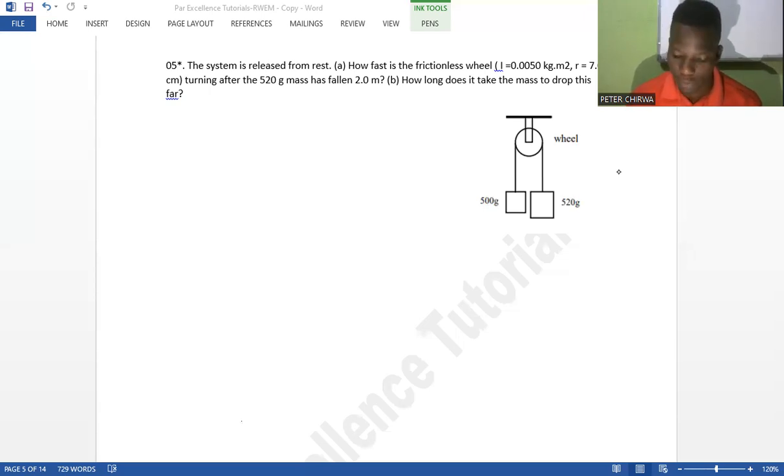All right, so the first thing that you have to keep in mind is to know what you are looking for. Here, in the first question, we are looking for the angular velocity. Now you dig deeper to say, how do I get my angular velocity, looking at what I have been given?